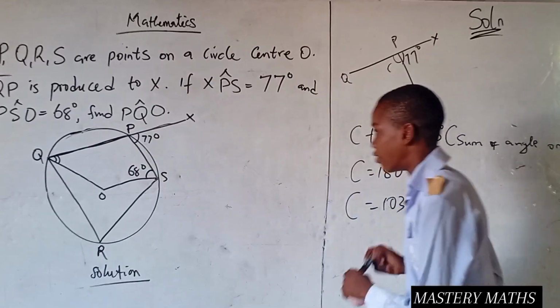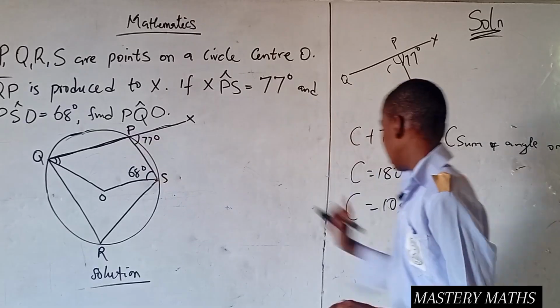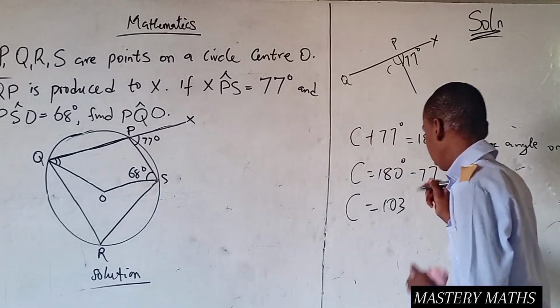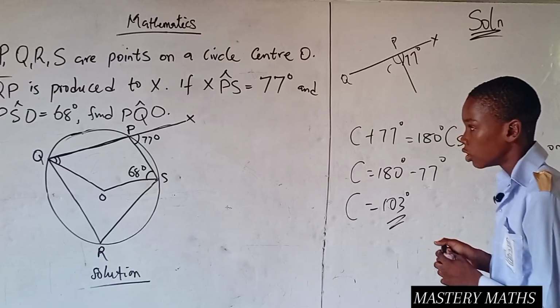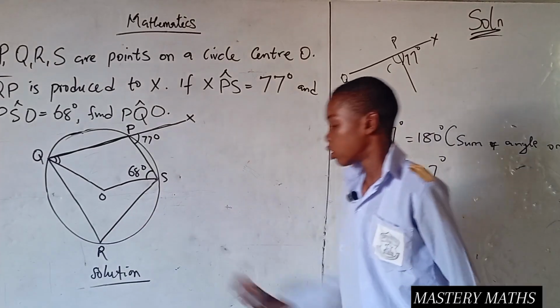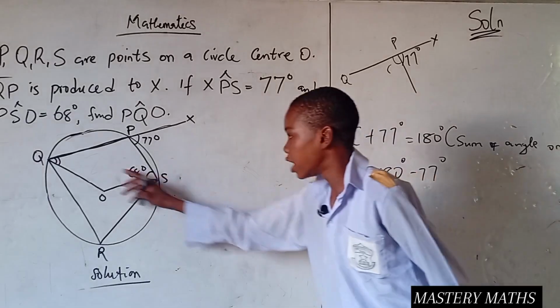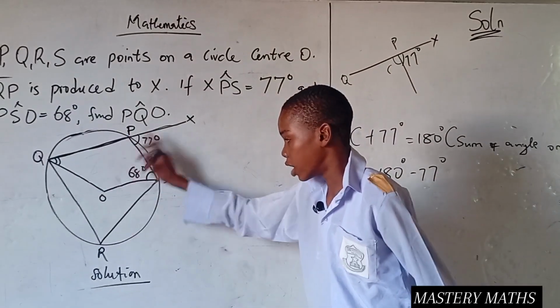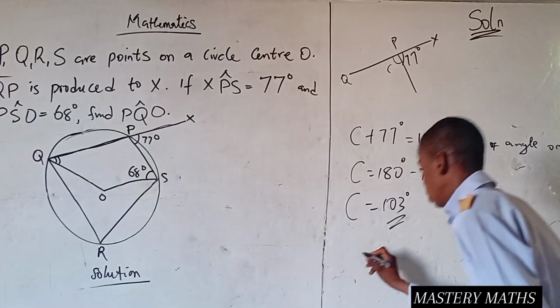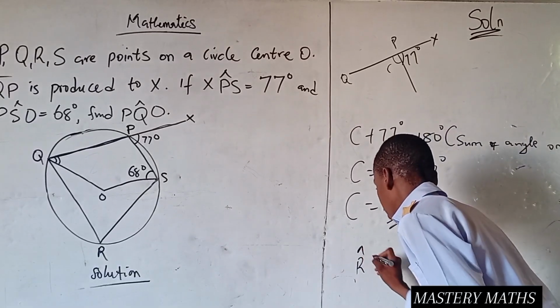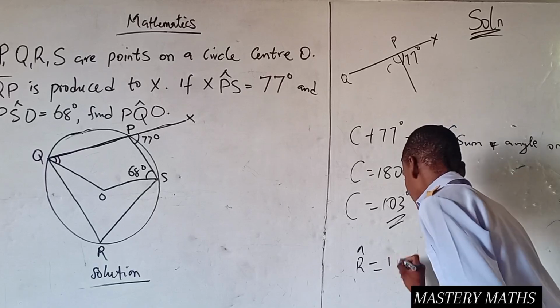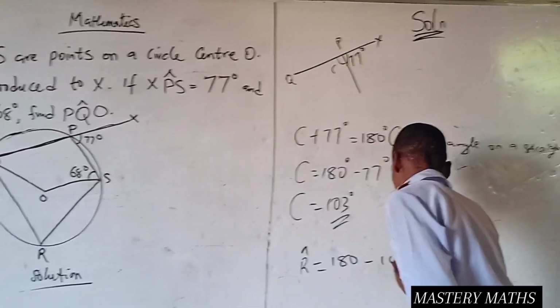So to get R, we already have our C as 103 degrees. So here is equal to 180 and here is equal to 180. So we say angle R is equal to 180 minus 103.